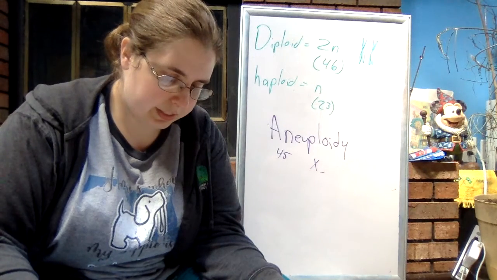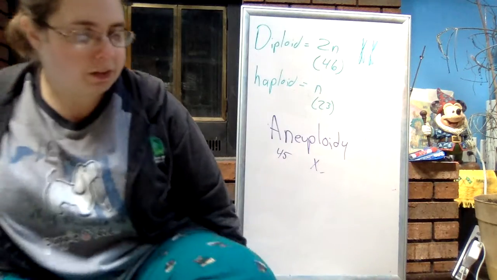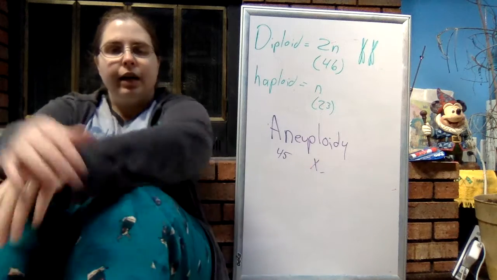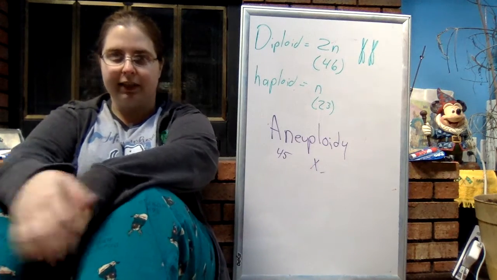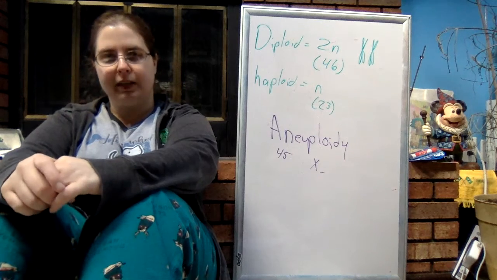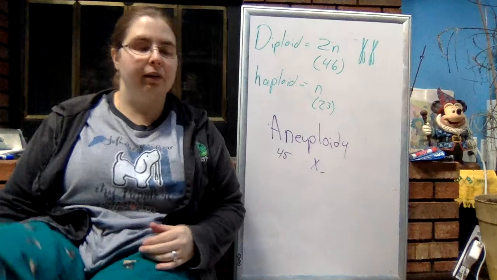And that one is Turner syndrome. Now, when you are missing a chromosome like that, where you only have one instead of a pair, they call that monosomy. Mono meaning one, and then somy referring to the chromosomes. You only have one of that chromosome.